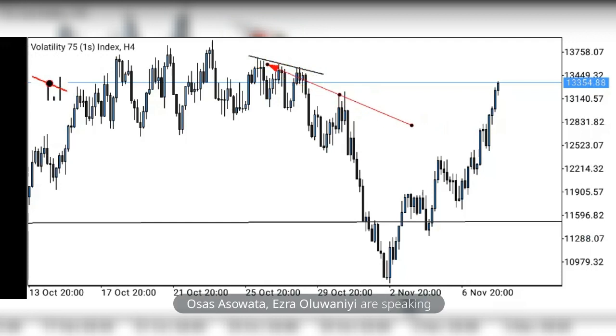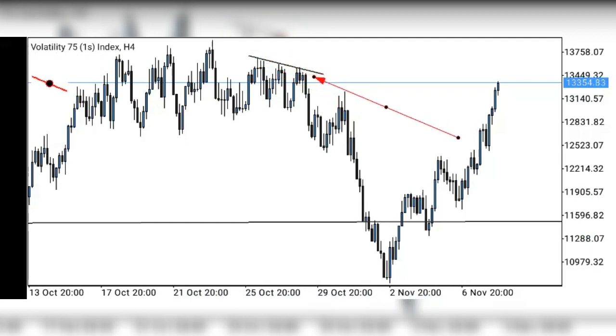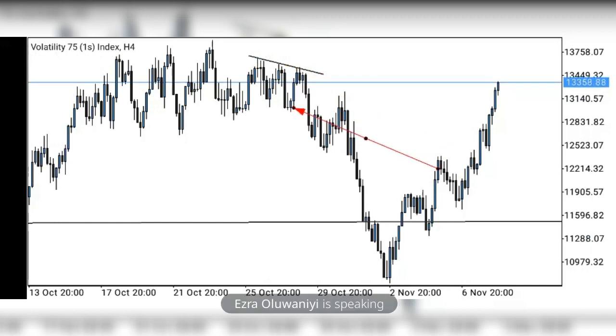Please, how do you spot liquidity, sir? Okay, let me say this. There are different kinds of liquidities. I think I will do a video on that and post it to YouTube anyway.